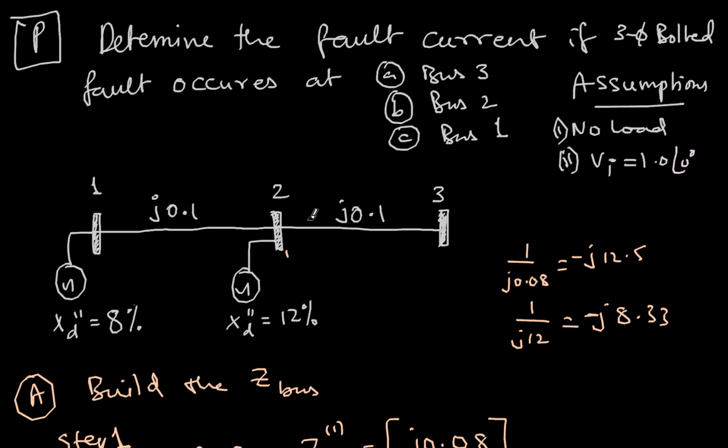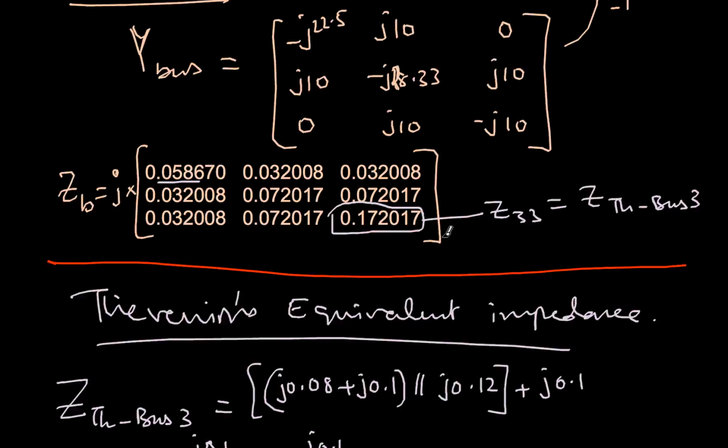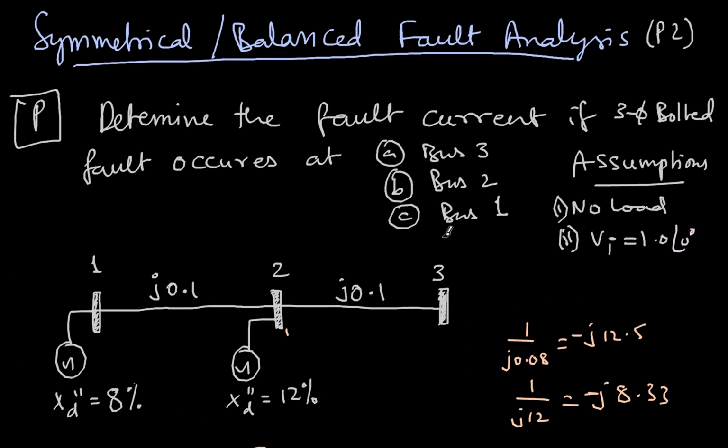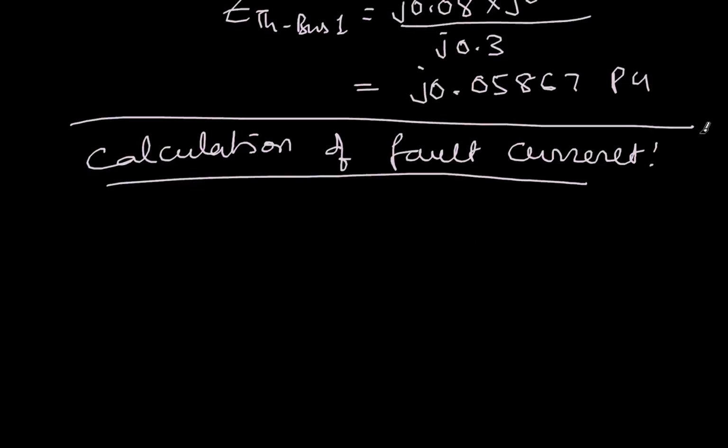I only consider the voltage at the faulted bus. And since it is a bolted fault, it's even easier. Bolted fault means just that the fault impedance is zero. I'll show you what I mean.